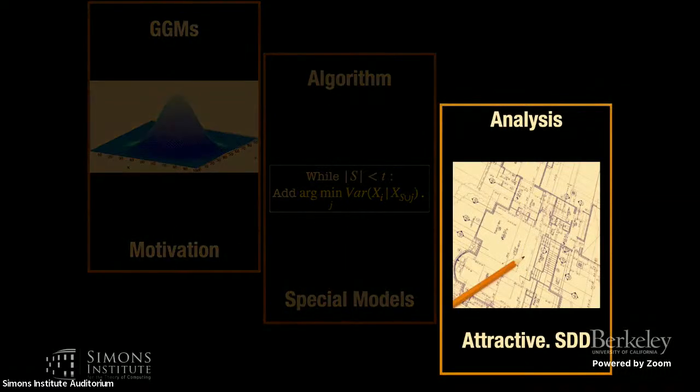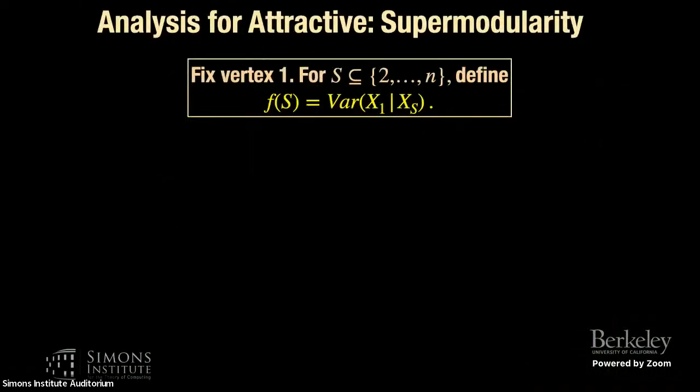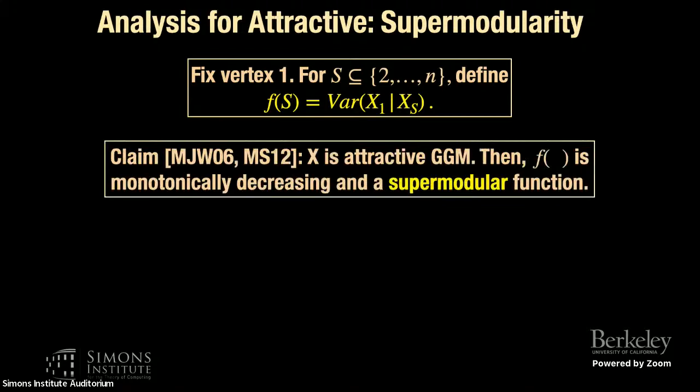Okay, so about the analysis. The analysis for attractive models is much easier and follows from the concept of supermodularity that Ankur mentioned. I can define a function on subsets of vertices, which is the conditional variance of x1 given the values in S. And this function turns out to be supermodular.